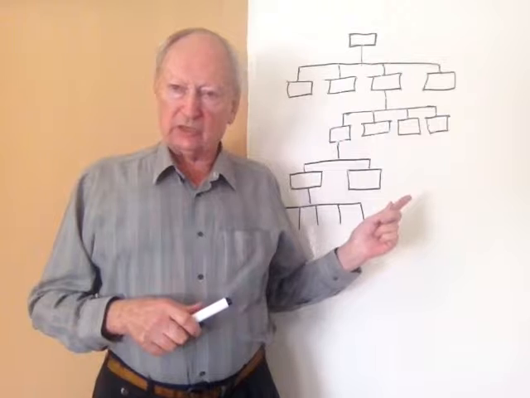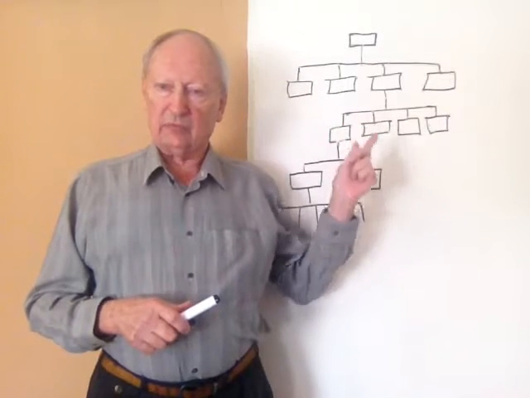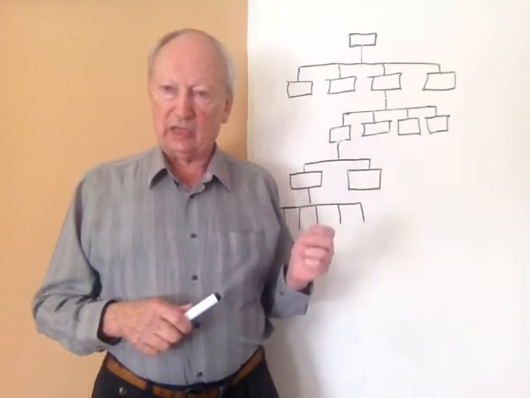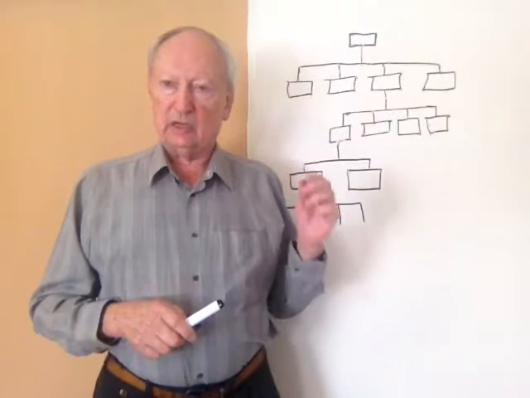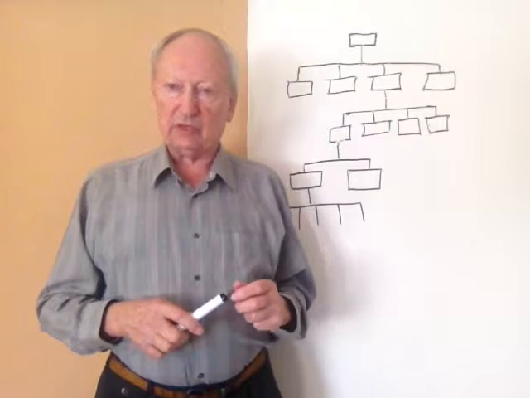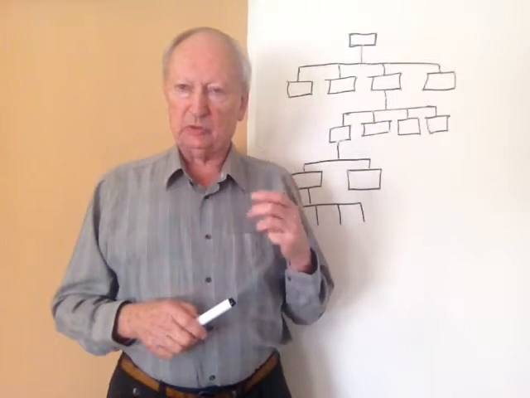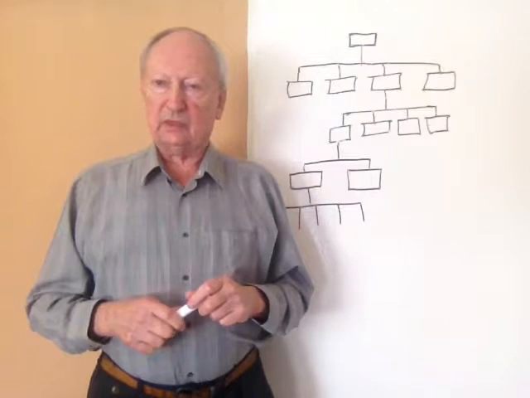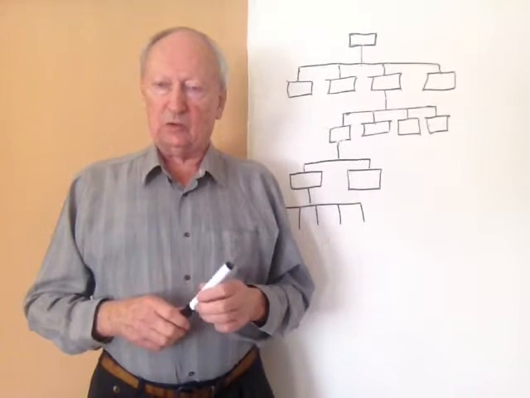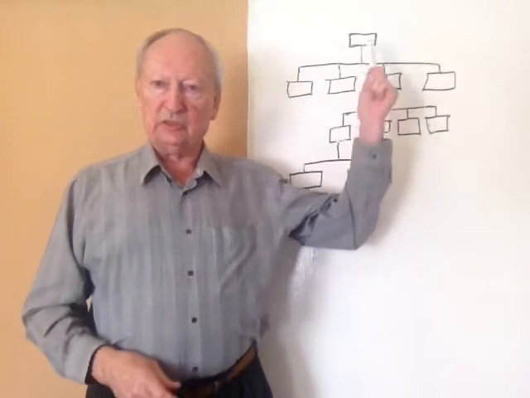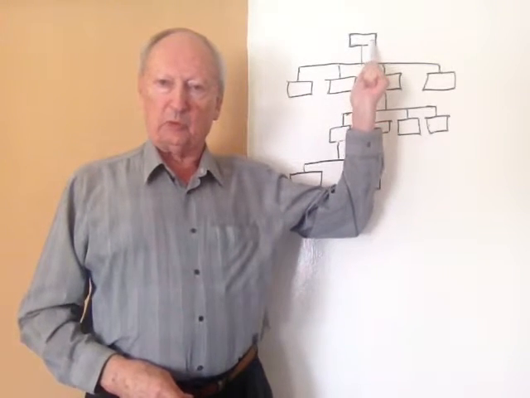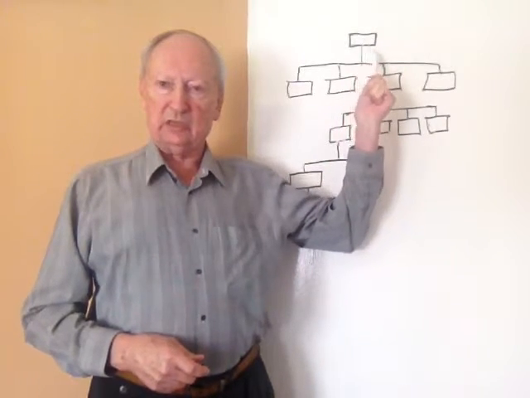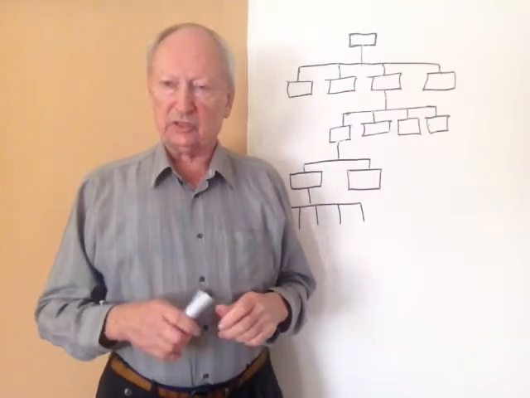But it's good organization structure, and once you've thought it out properly, you manage it properly, you take care of your communication, you take care of the motivation of your people, which we will come to a bit later, then this is a good structure. What you must not do is you must not insert somebody between the top person and the rest of the people, because you sometimes get these one-on-one type of organizations.